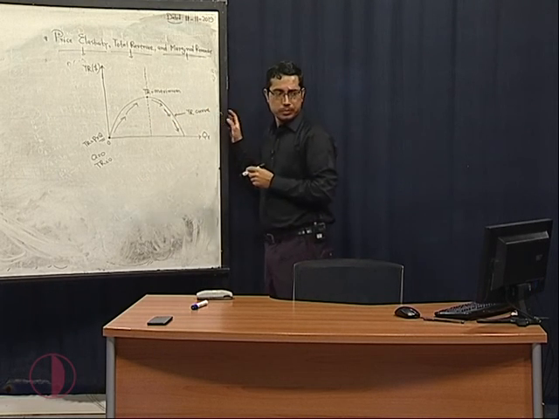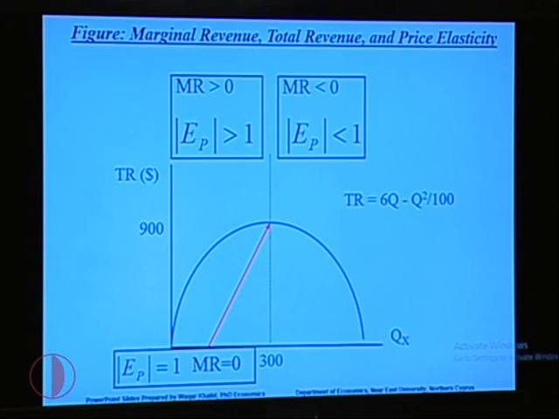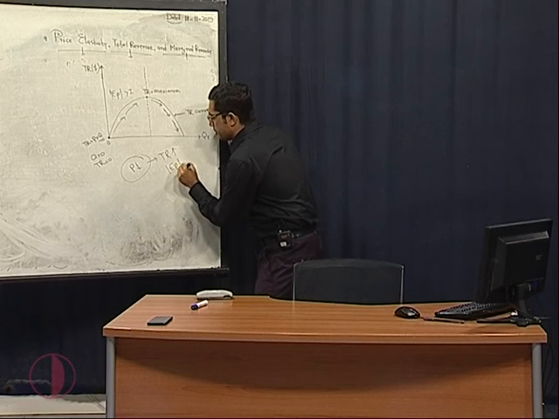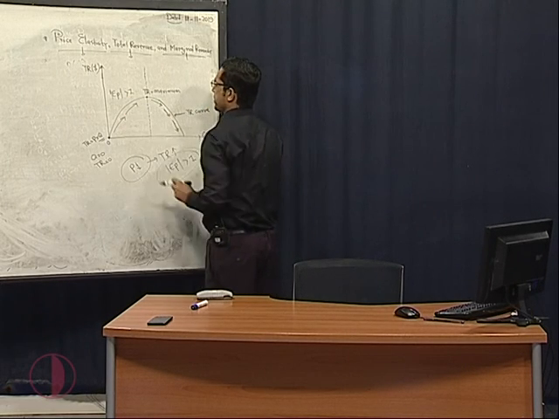It means that in this area the absolute value of the price elasticity of demand is greater than 1. So, if the monopolist decreases the price and his total revenue increases, it means that the absolute value of the price elasticity of demand is greater than 1, which is this case.